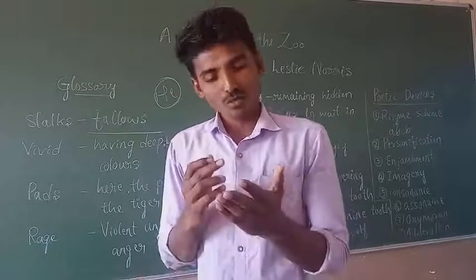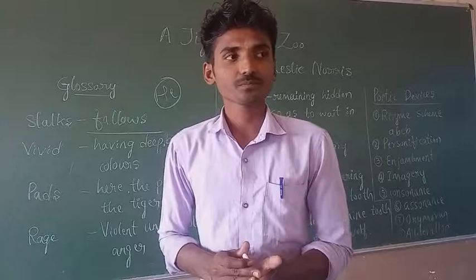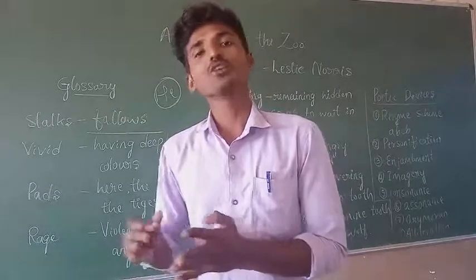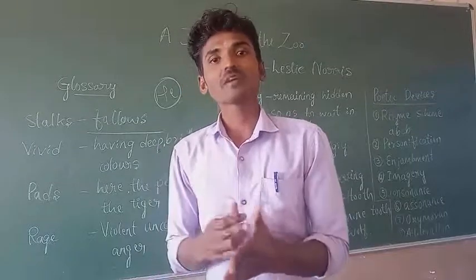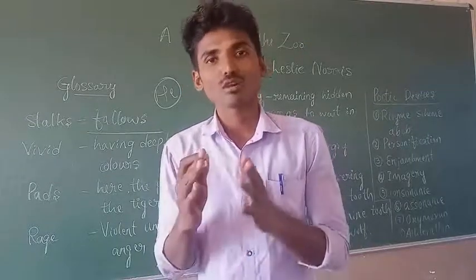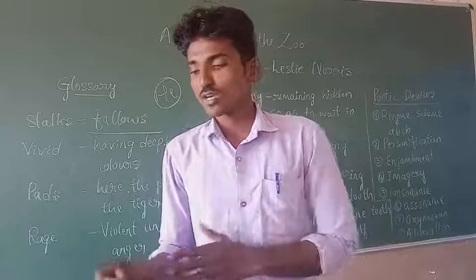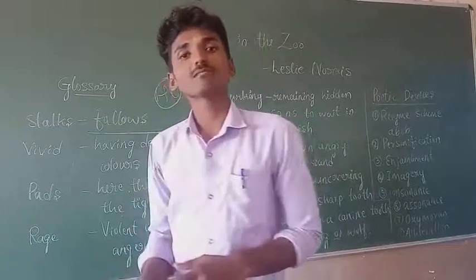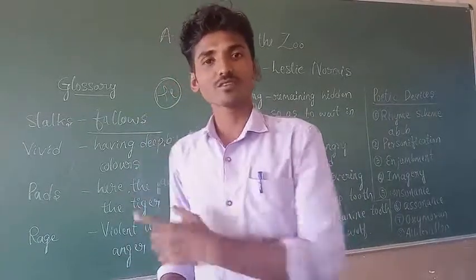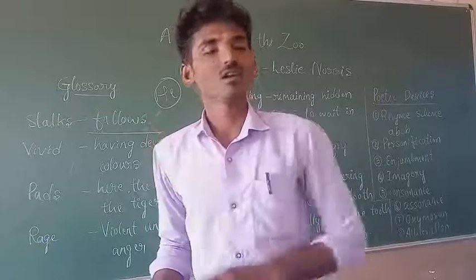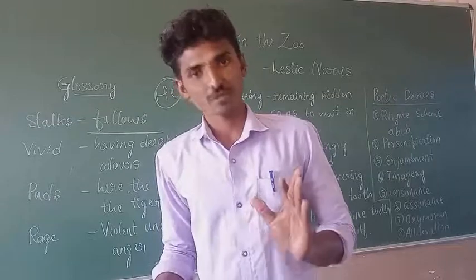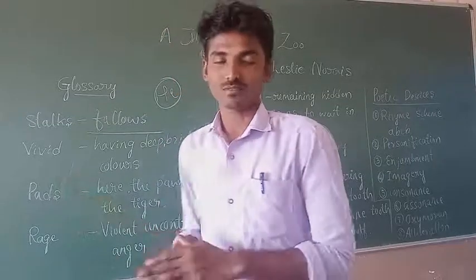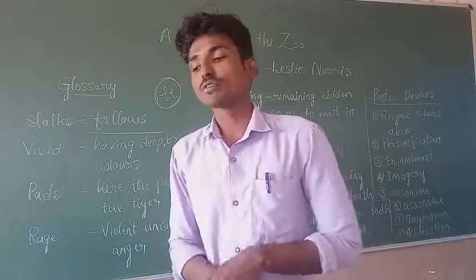Personification is when a non-human thing is compared to a human. Since he compared the tiger to a human, it is called personification. He stalks in his vivid stripes, he follows in his vivid stripes.